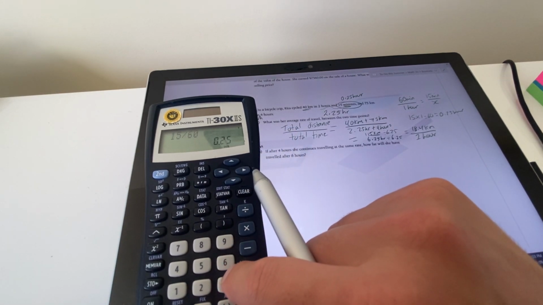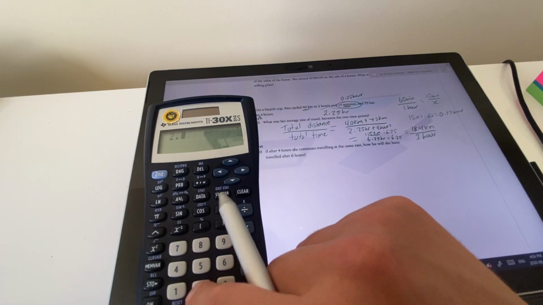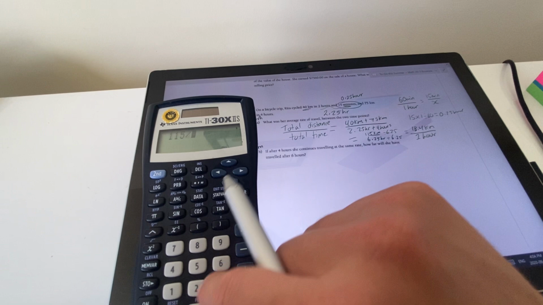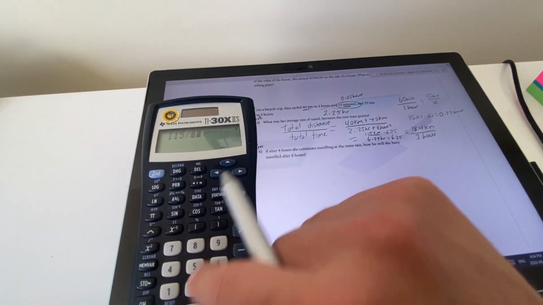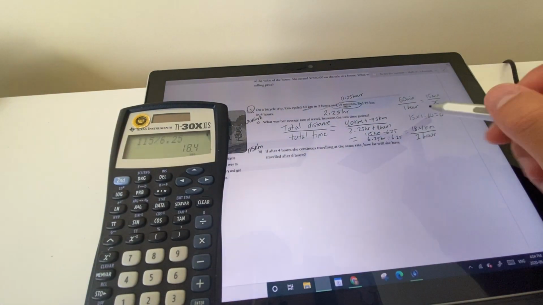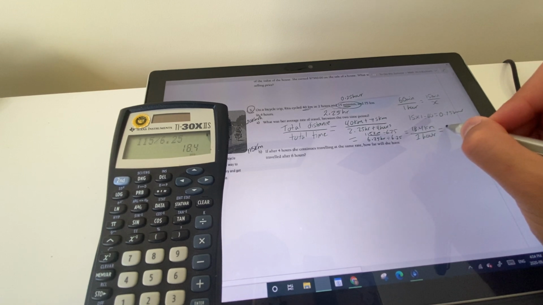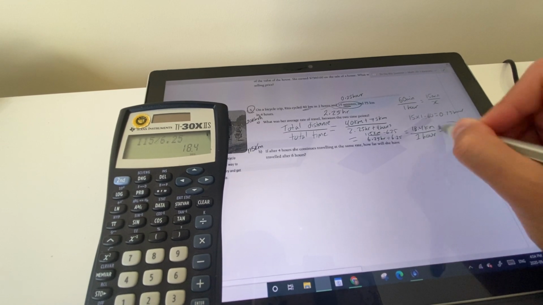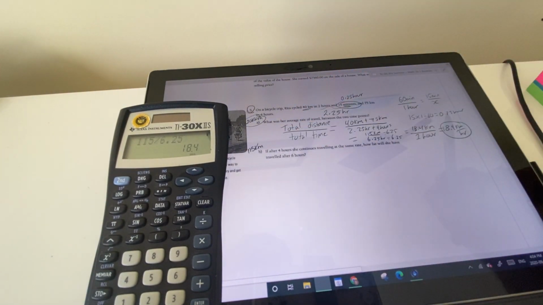Yep. So everything is looking good here. So it would be 18.4 kilometers per hour. It looks like they rounded it up, but we would use 18.4 kilometers per hour.